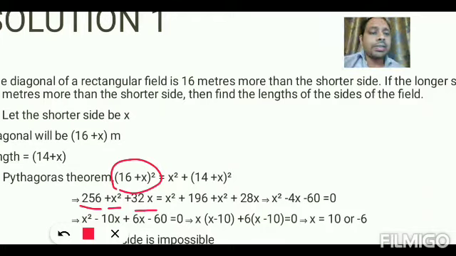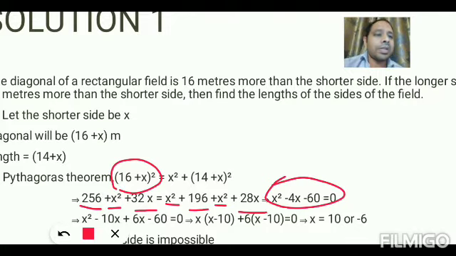And on the right hand side, x square as it is, x plus 14 whole square can be written as 196, that is 14 square, plus b square, which is x square, and 2ab is 28x. And if you simplify this one, you will get x square minus 4x minus 60 equals 0.